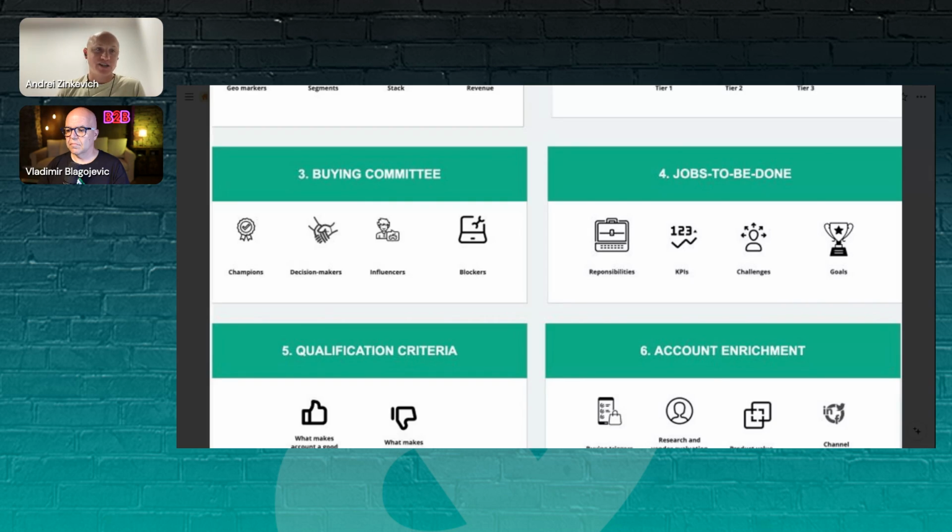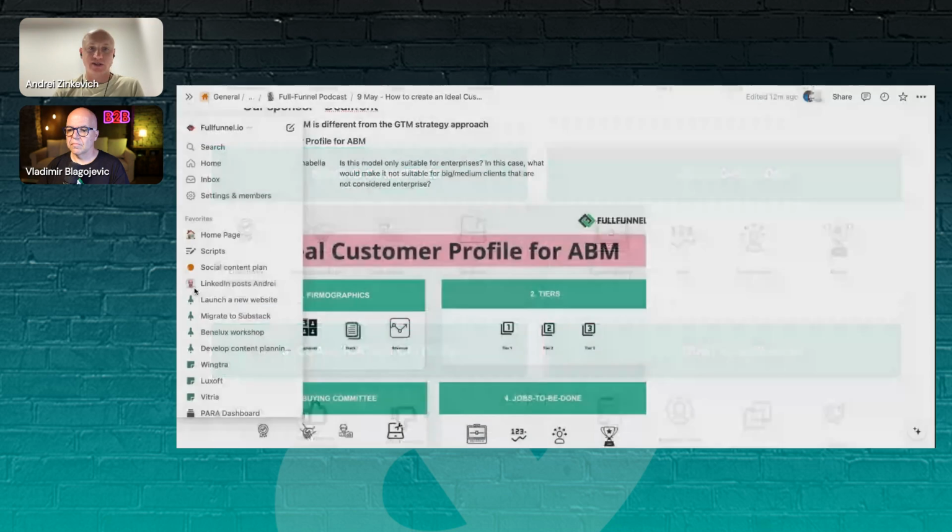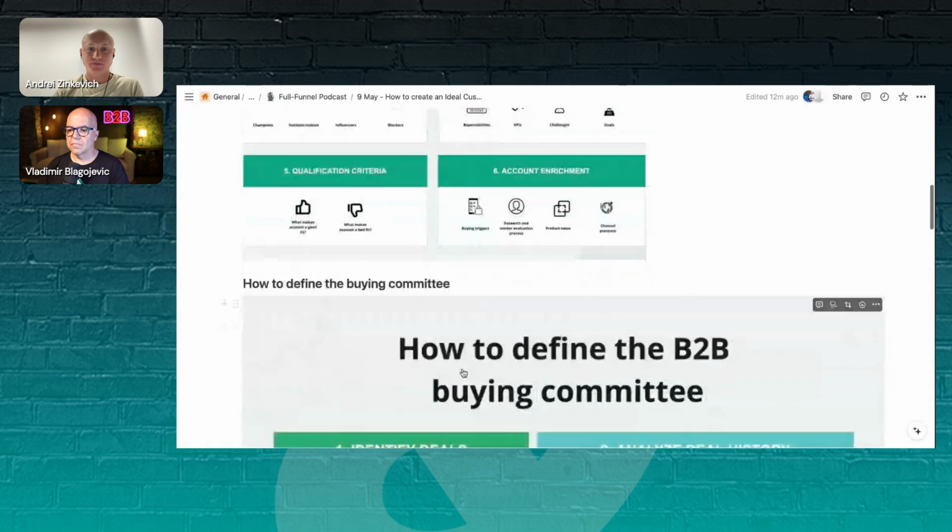And then the question is what you are going to do next with these hundreds of buyers in one of the accounts. Normally, companies just add all this context to the display targeting and put them into the outbound cadence, because it's not realistic to engage with all of them, right? So let us quickly share the approach how you can define these different buying committee members.